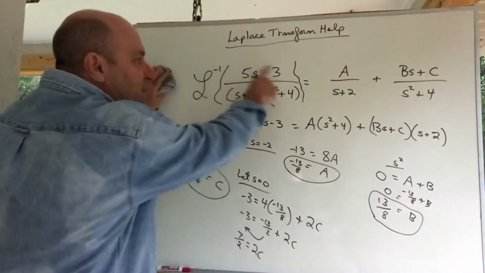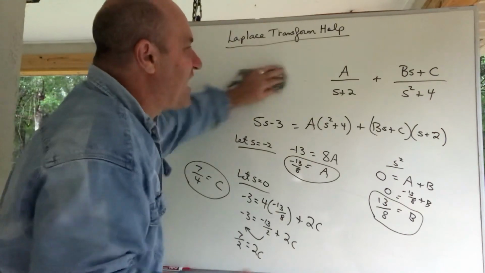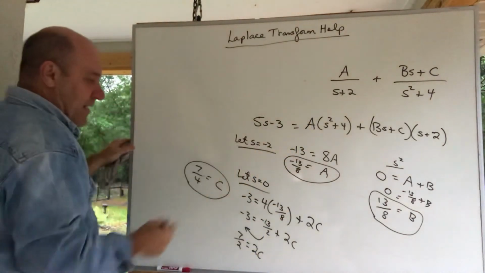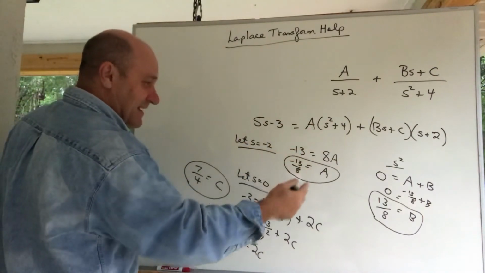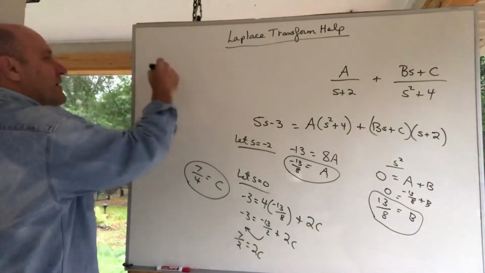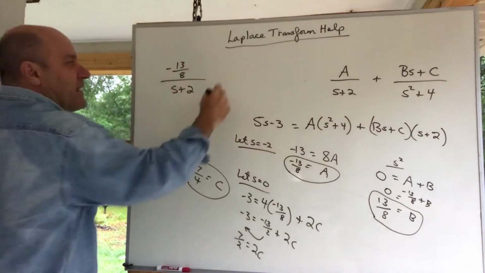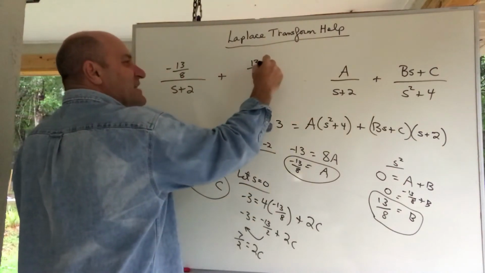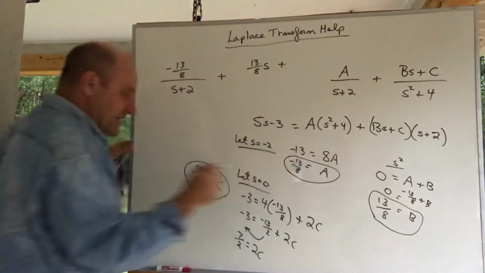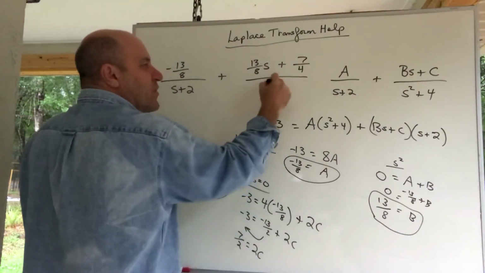So instead of doing this Laplace inverse directly, I just decomposed the original fraction into this. So now I'm working on this Laplace inverse. Hang on, what is it? It's a negative 13/8 over s plus 2, and then 13/8 s plus the C, which is 7/4, all over s squared plus 4.